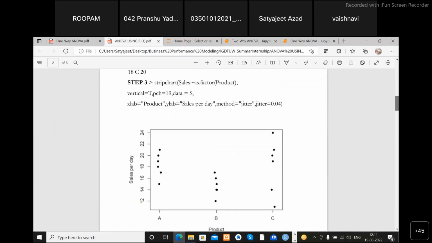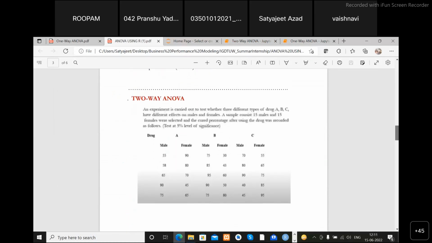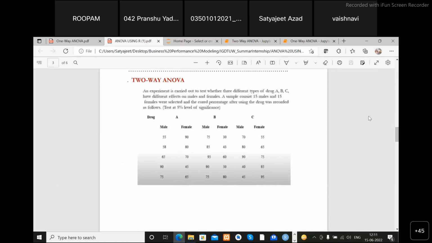For two-way ANOVA, there is one more case here. An experiment is carried out to test whether three different types of drug, A, B, C, have different effects on males and females. A sample of 15 males and 15 females was selected, and the cure percentage after using the drug was recorded.